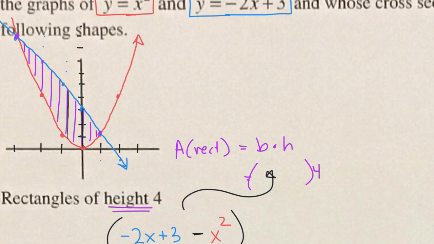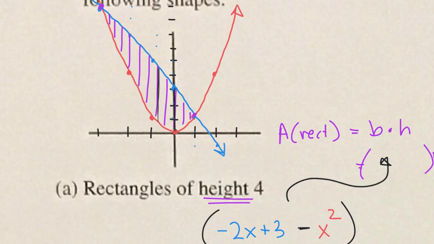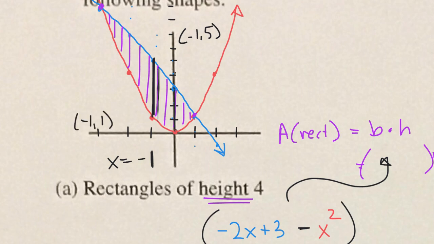So let's look at a very specific rectangle, the rectangle when x is negative 1. Okay, so what is the base of my rectangle when x is negative 1? This has a y value of 1, 2, 3, 4, 5. And I can also plug negative 1 into my equation. Negative 2 times negative 1 plus 3, well, that's 5. And this one on the red is negative 1 and 1.